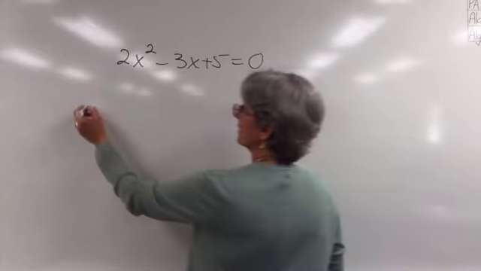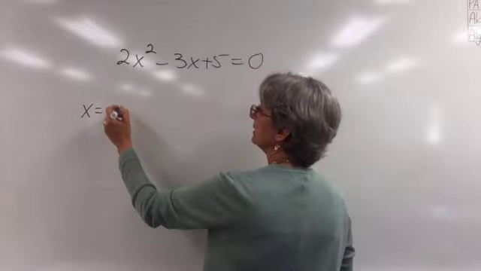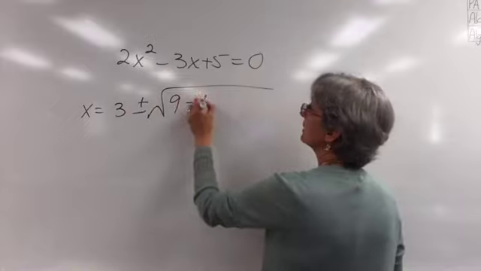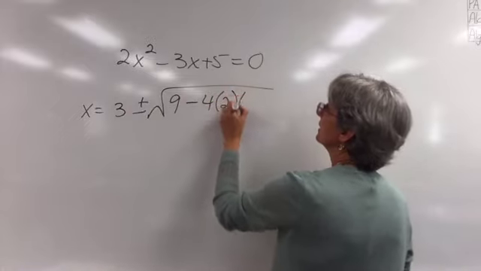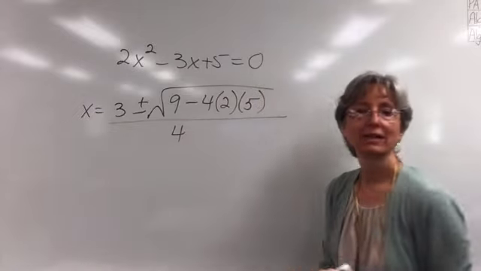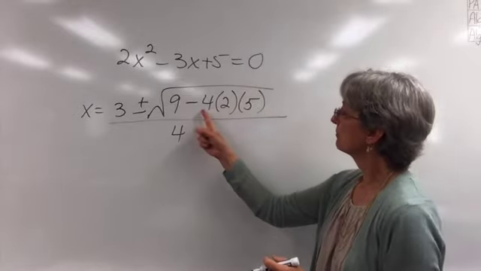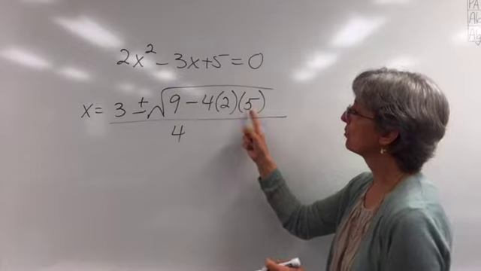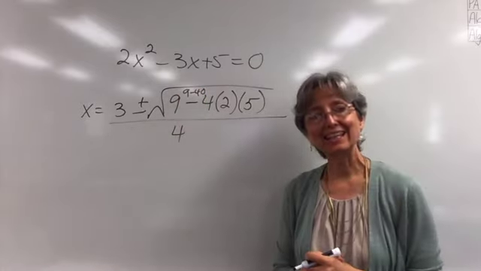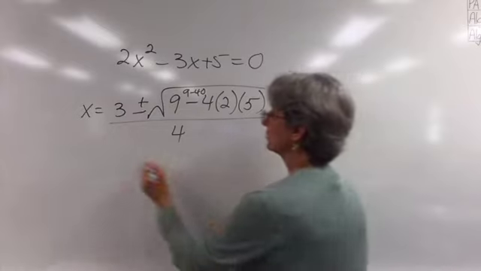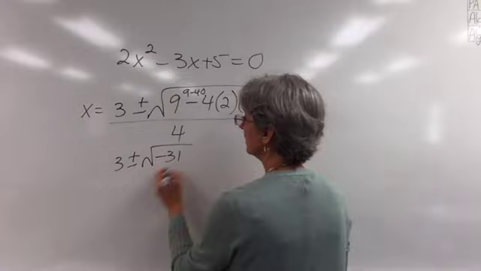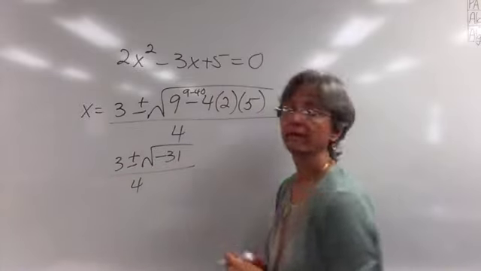So x equals negative b plus or minus the square root of b squared minus 4 times a times c, all over 2a. So 4 times 2 times 5 is 40, so we have 9 minus 40, which is negative 31. So 3 plus or minus the square root of negative 31 over 4.